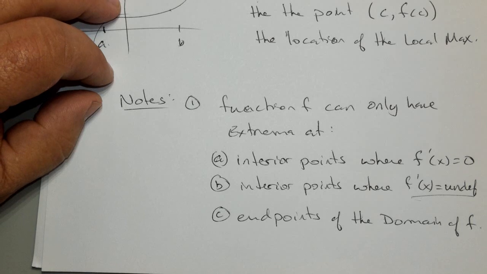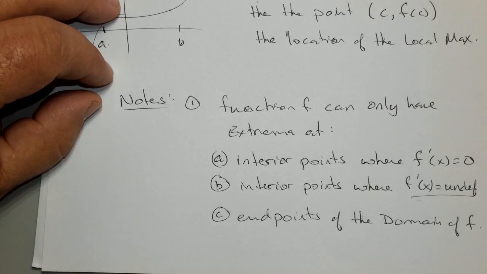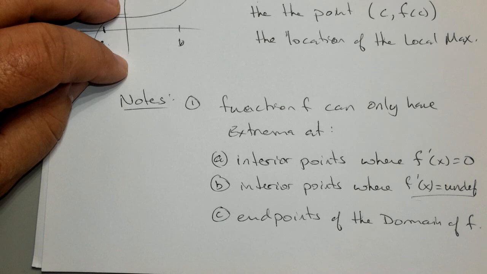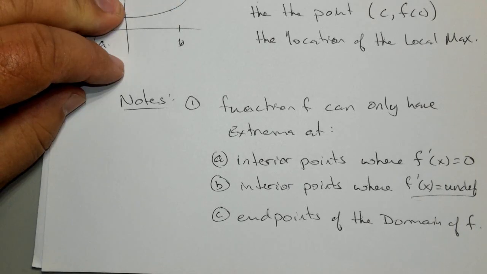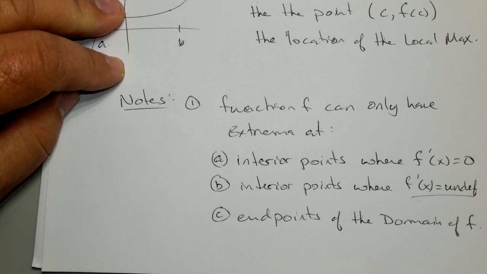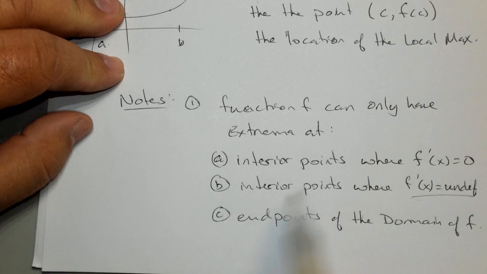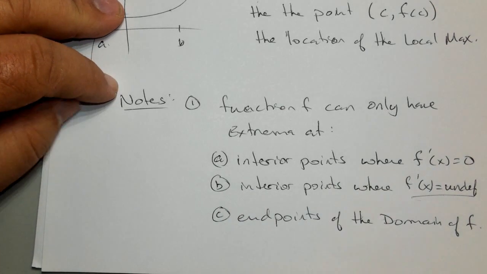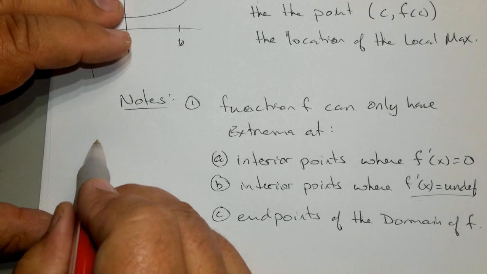It has to be a continuous function. The limit of the function has to approach that value from both directions. If it's undefined, what does that mean? That means it's not a continuous function, or the limits don't approach the same value. Now, why can't it have a local maximum or extreme at those points?